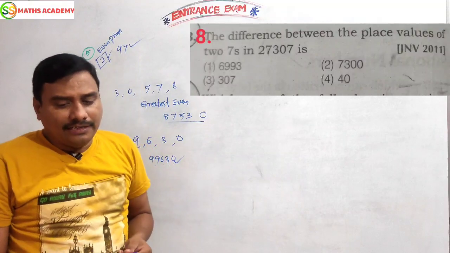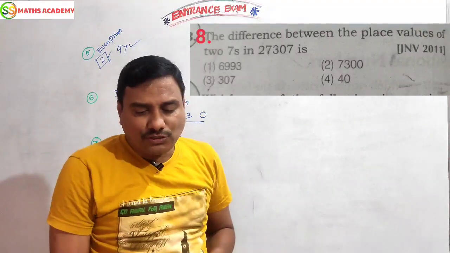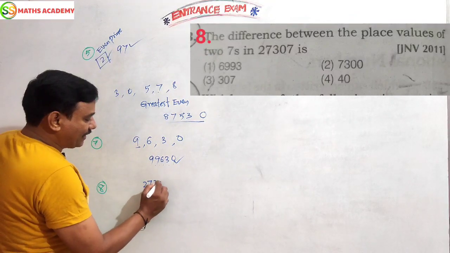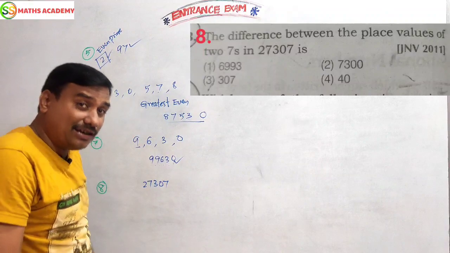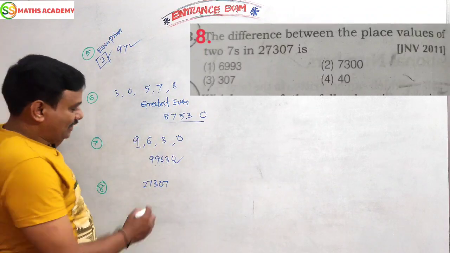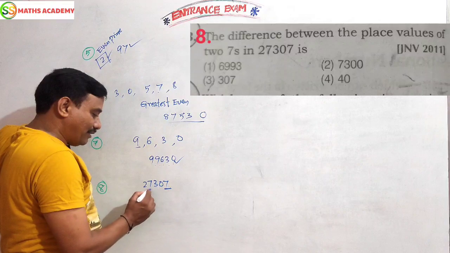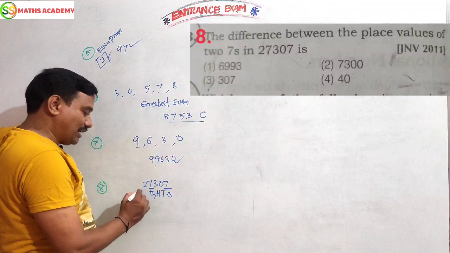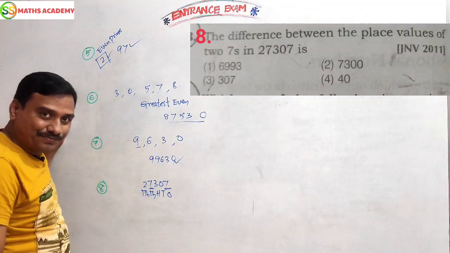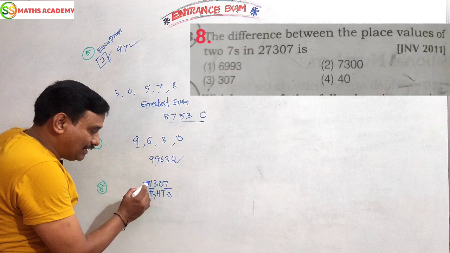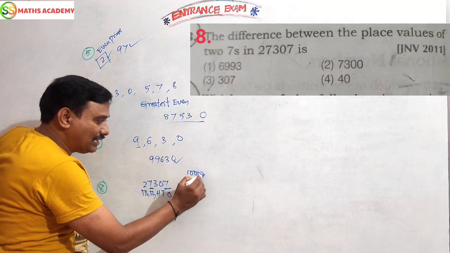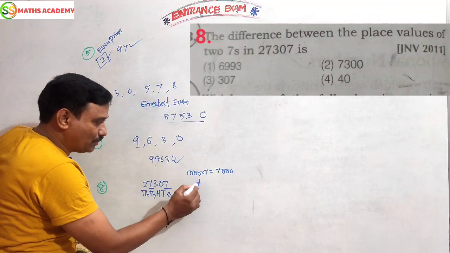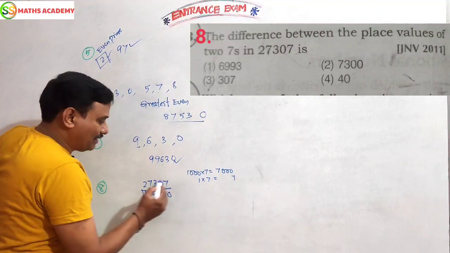I am reading here: the difference between the place values of the 2 sevens in 27,307. Difference between the place values of the sevens. One 7 will be here, another here. Ones, tens, hundreds, thousands, ten thousands. The bigger one is 1000 into 7, which is 7,000. The other is 1 into 7, which is 7.